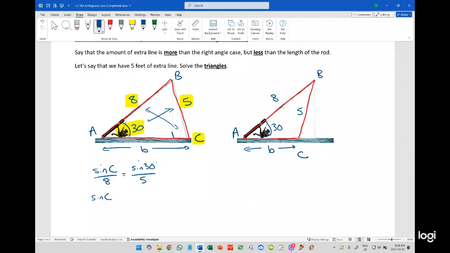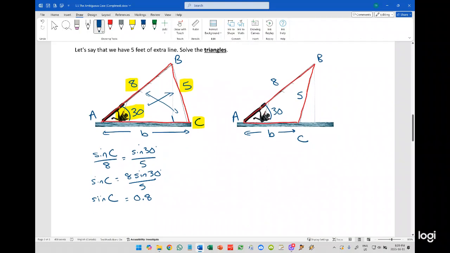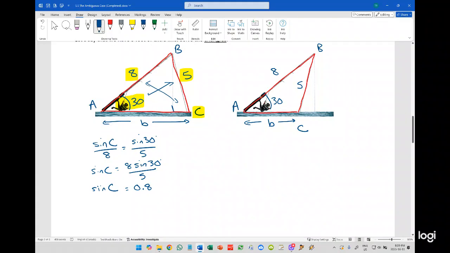That means that sine C equals 8 sine 30 divided by 5. 8 times the sine of 30 divided by 5 is 0.8. And the inverse sine is 53 degrees. So C is 53 degrees.